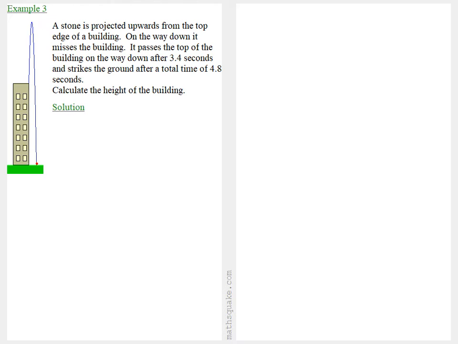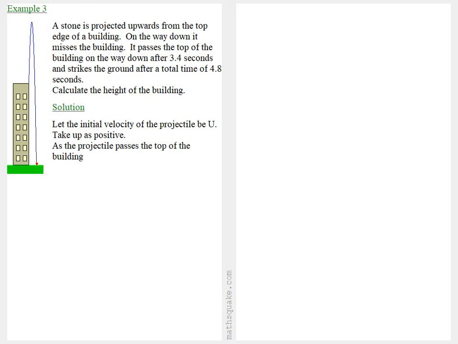Well, to solve this, let the initial velocity of the projectile be u. Take up as positive, and as the projectile passes the top of the building, we have s equals 0, t equals 3.4, a equals minus 9.8, and u is capital U. So, using the equation s equals ut plus a half at squared, we have 0 equals u times 3.4 minus a half times 9.8 times 3.4 squared.